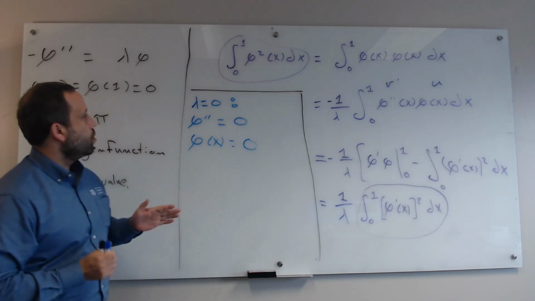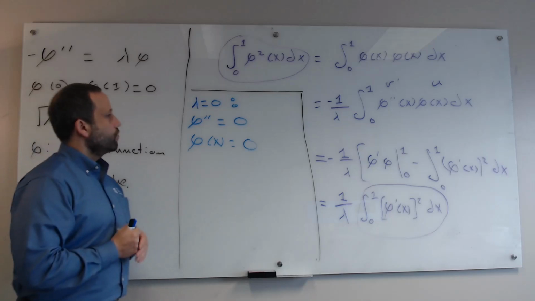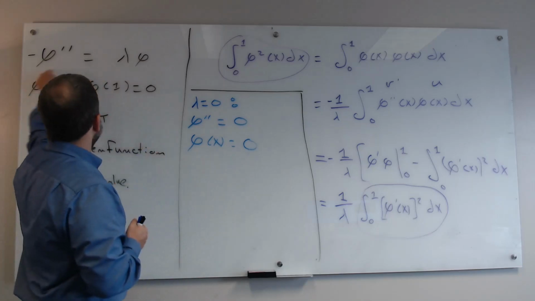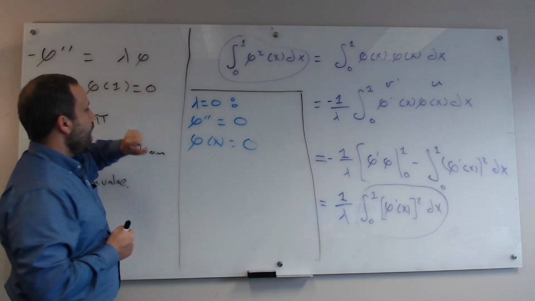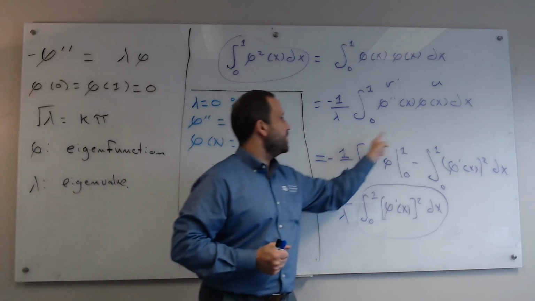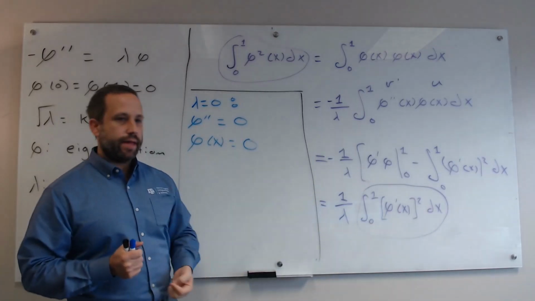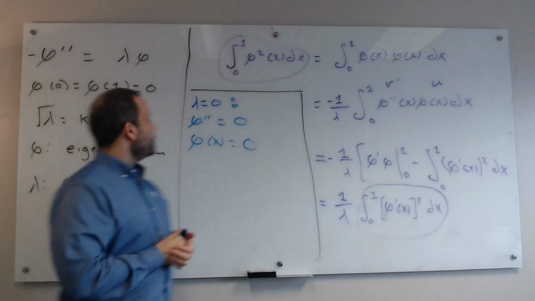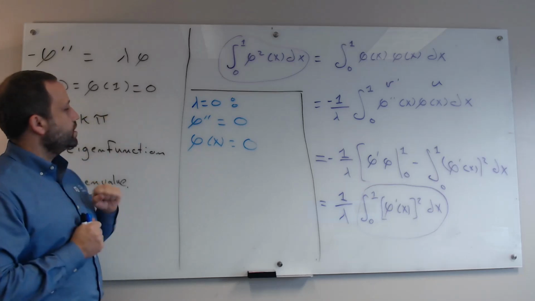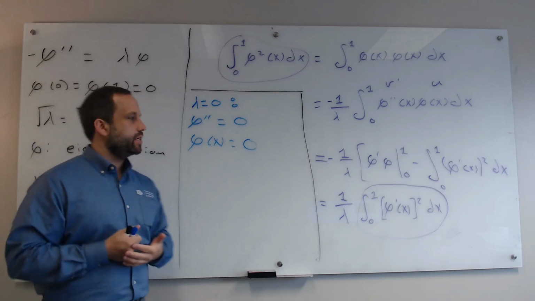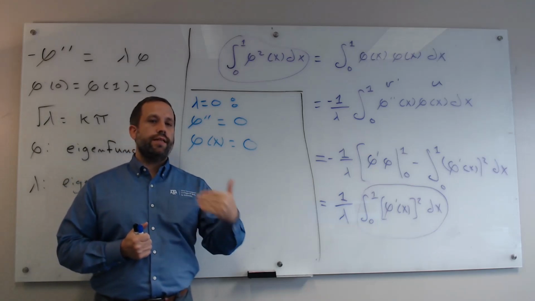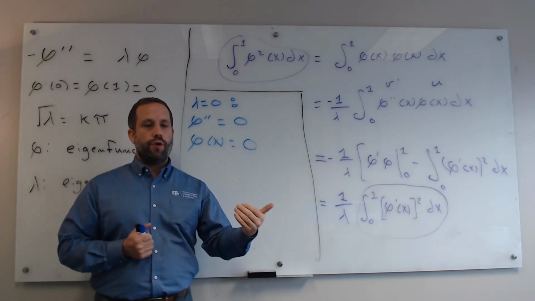Okay, and so what this tells us, again, for the more general case, if you have a function that satisfies this equation and the more general boundary conditions, that is this is equal to 0, it means the eigenvalues have to be non-negative. That is, they cannot be negative. If in addition, it satisfies a boundary condition like this, or maybe other boundary conditions, that in addition shows that lambda cannot be equal to 0.